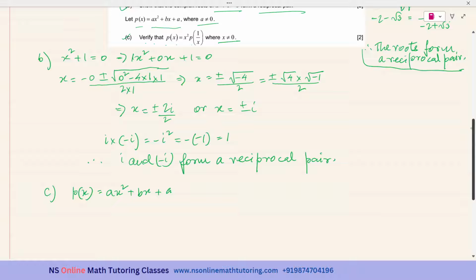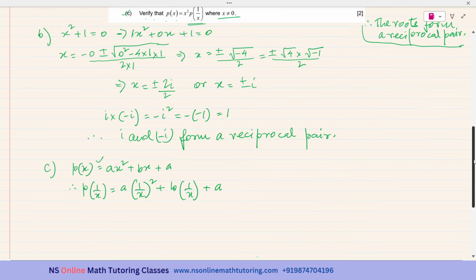Since p of x is this, what will be p of 1 over x? We will be substituting 1 over x wherever we have x in the expression. So p of 1 over x will be equal to a times 1 over x whole squared plus b times 1 over x plus a.